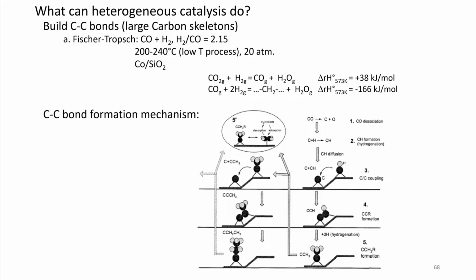This would be a well-defined reaction site. Now, Fischer-Tropsch chemistry is used to make synthetic oil from synthetic gas that can be obtained from coal. But it's also invoked in astrochemistry, as you may know, to explain the existence of the first long carbon molecules.